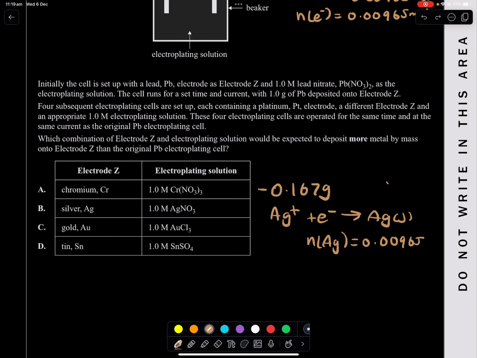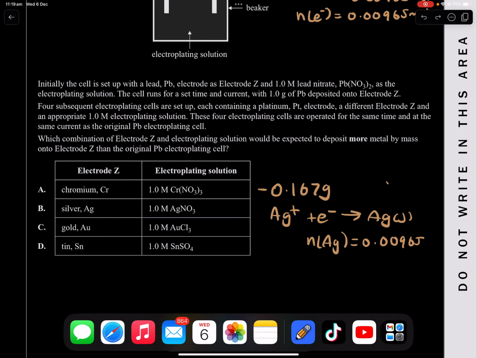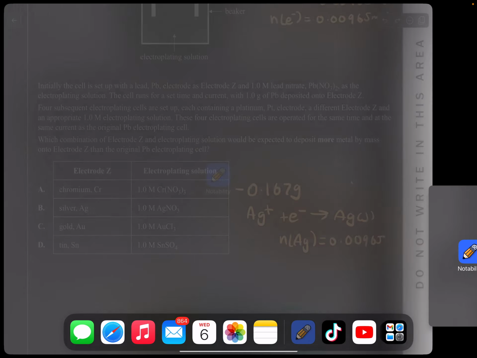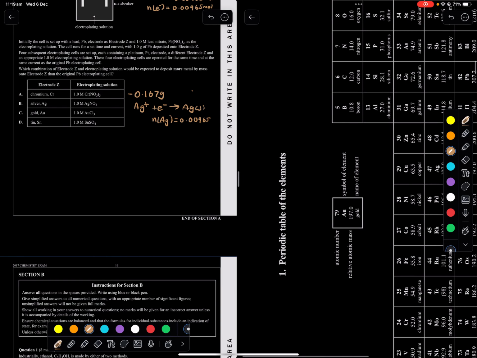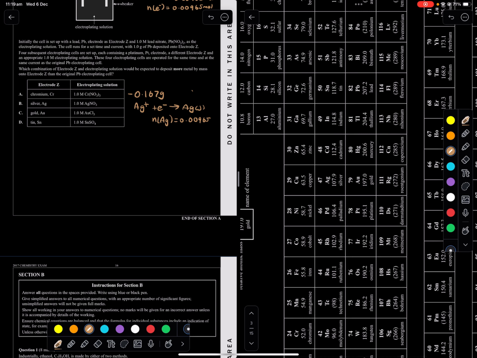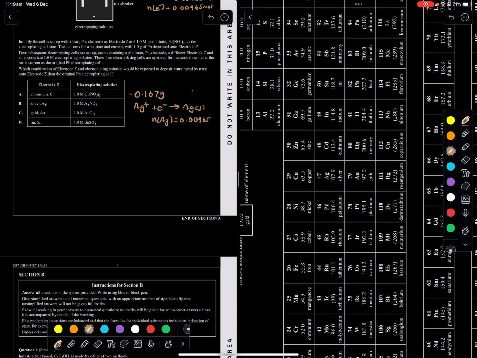So what's the mass of Ag, which is just the number of moles times the molar mass. So 0.00965 times the molar mass of Ag. Let's look at it over here.